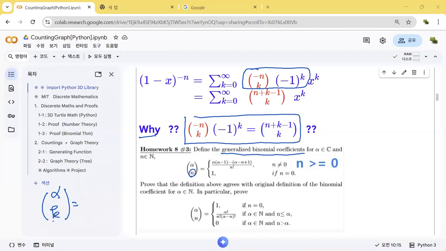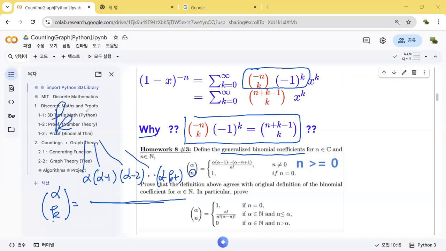Then this one is alpha times alpha minus 1 times alpha minus 2, up to alpha minus k plus 1. In the numerator there are k many products. The first one is alpha.